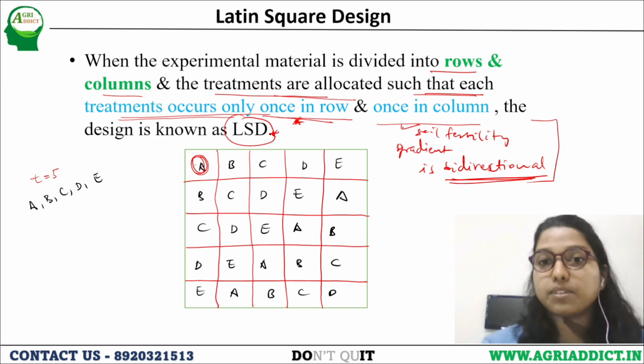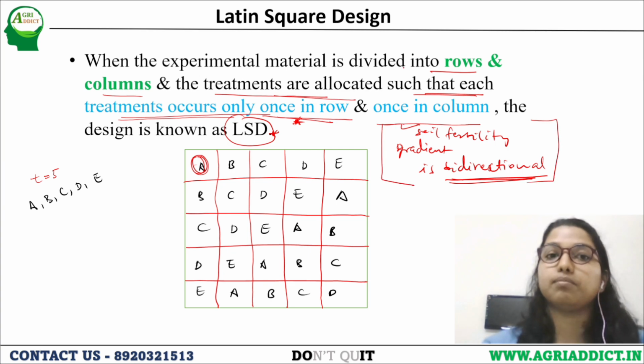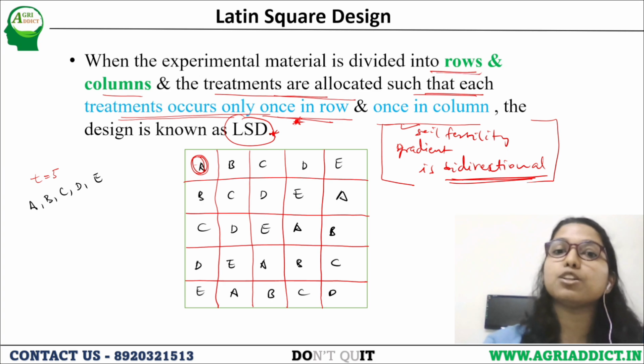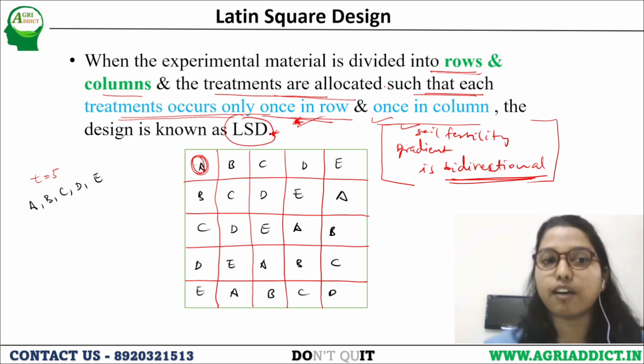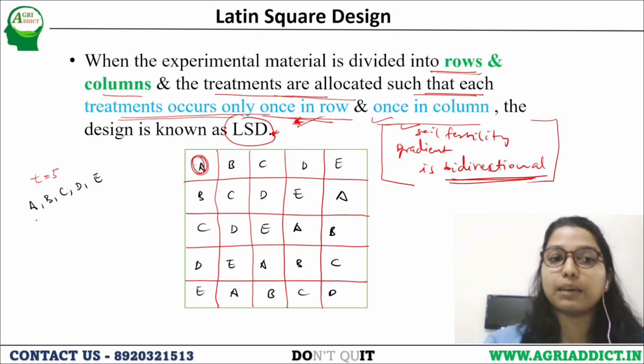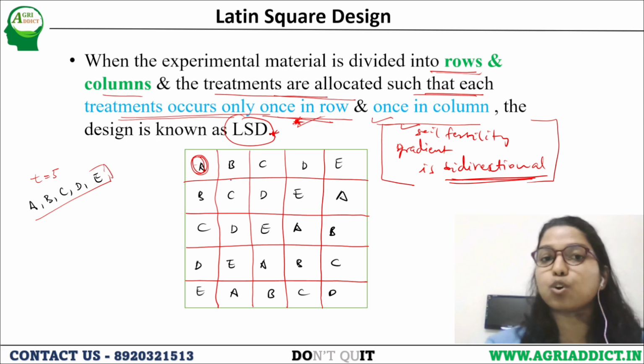Here we divide the experimental material into rows and columns, and the treatments appear only once in a row and once in a column. These 3 things you have to remember. Say, here A, B, C, D, E are the 5 treatments. A will appear once in a row and once in a column. C will appear once in a row and once in a column. Similarly, E will appear once in a row and once in a column. I think you understood.